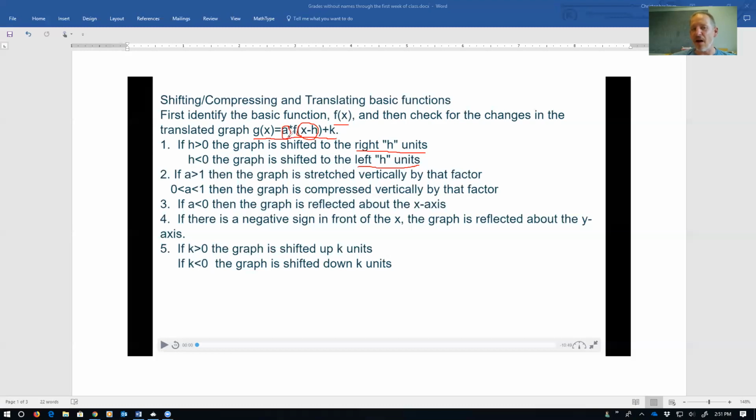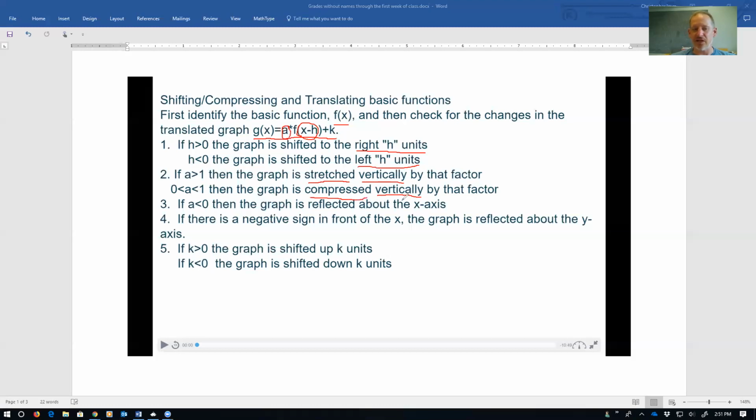Basically, it's going to take all those y values and multiply them by a. So if a is greater than 1, it's stretched vertically by that factor. If a is between 0 and 1, then it's going to be compressed vertically. So if we had a factor of, let's say, a third, then that's going to be compressed by a factor of 3. Every y value is going to be multiplied by 1/3.